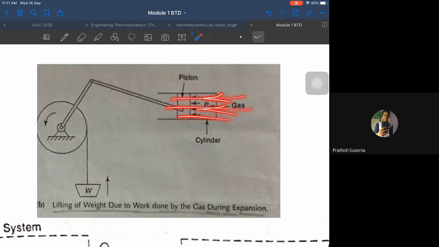Yes or no? So this is also a work, but how to thermodynamically analyze this work? This movement of the piston can be converted into a raising of weight here with all these linkages.